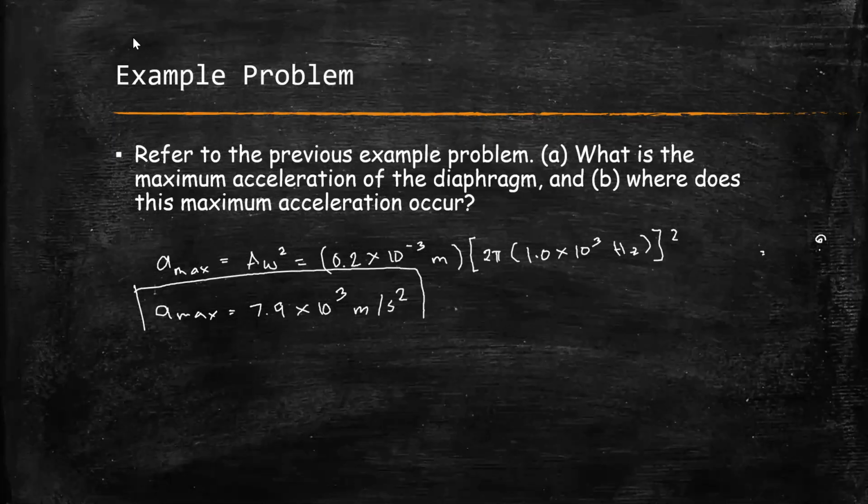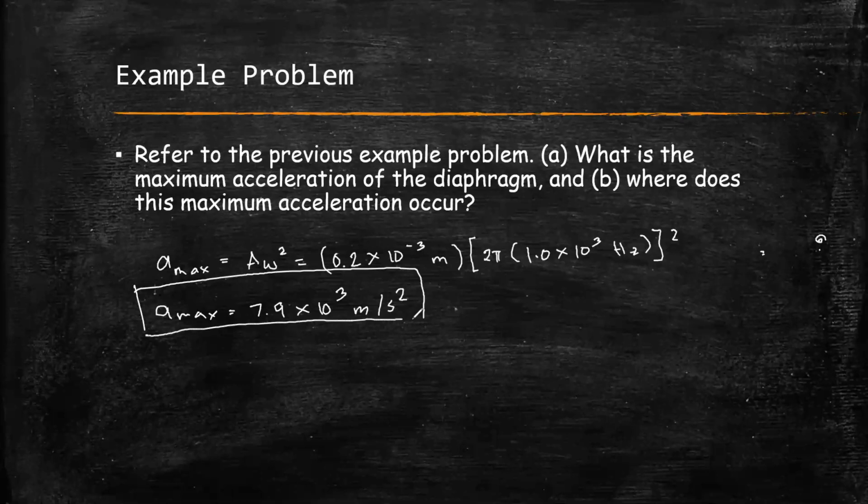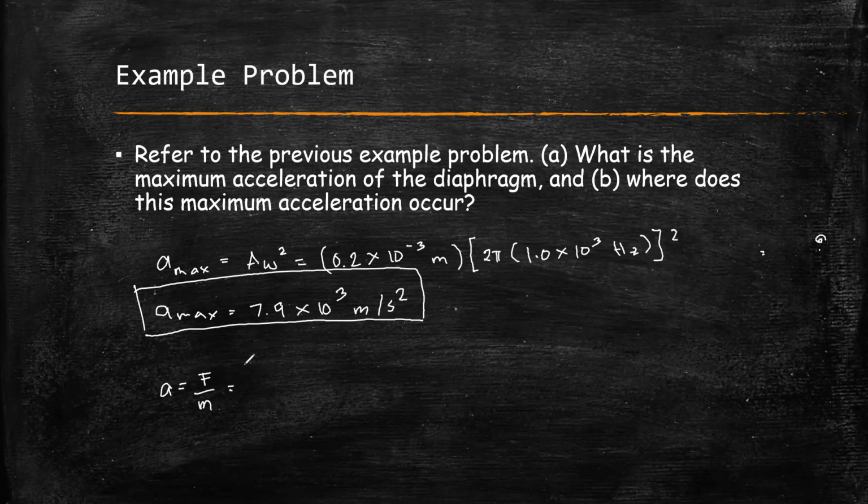Now for part B, where does the maximum acceleration occur? The maximum acceleration occurs when the force acting on the diaphragm is a maximum, following Newton's law of motion that acceleration is equal to force over mass, wherein force is equal to kx.